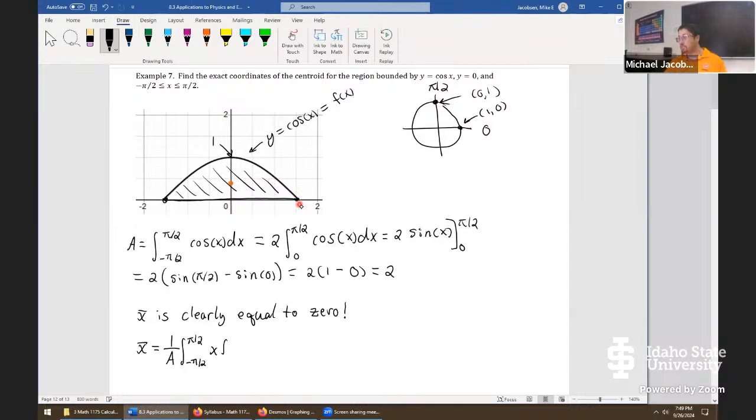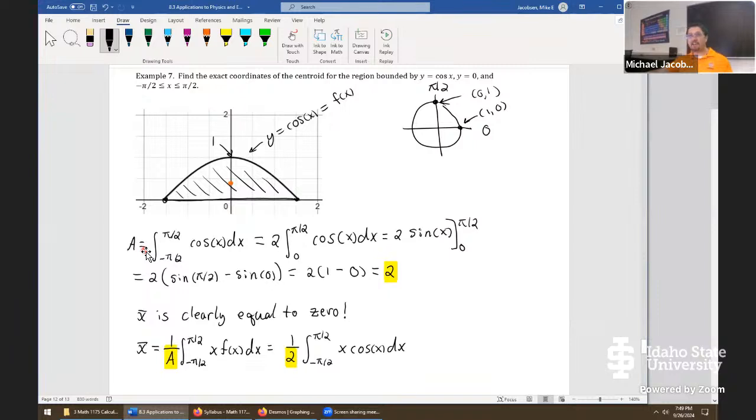Then it goes x times f of x dx. So let's plug in our information. Reciprocal of area is the reciprocal of 2, so it turns into just a good old 1/2. Now we're integrating from negative pi over 2 to positive pi over 2, x times cosine x dx.